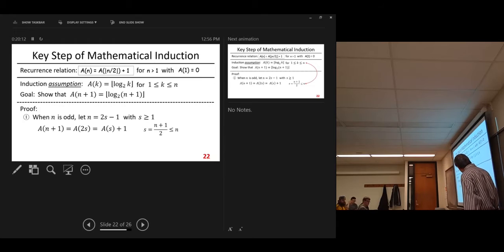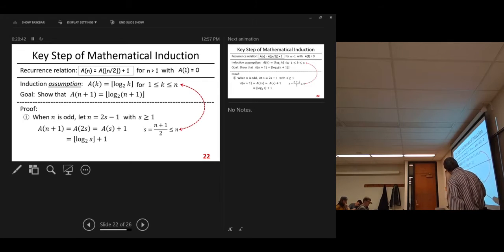So s is less than or equal to n. Based on our induction assumption, s falls into this range, so we can apply this formula on s.